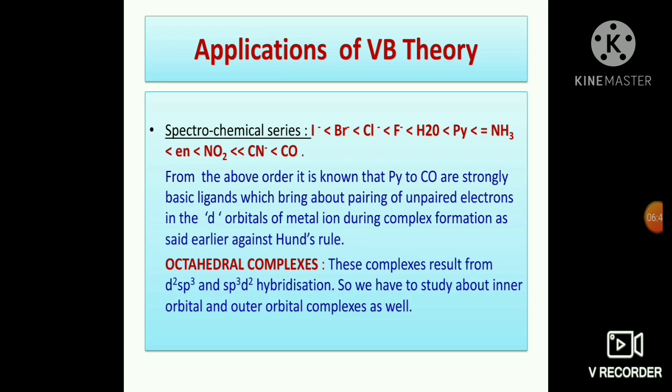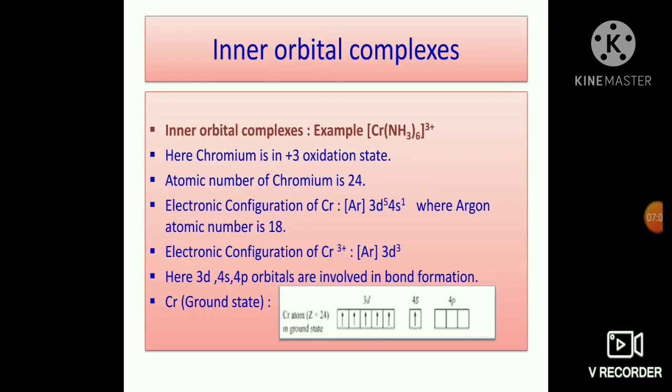For octahedral complexes, earlier we said that the hybridization will be d2sp3 or sp3d2. d2sp3 shows inner orbital complexes, and sp3d2 means outer orbital complexes. Here we took the example of hexaamine chromium.